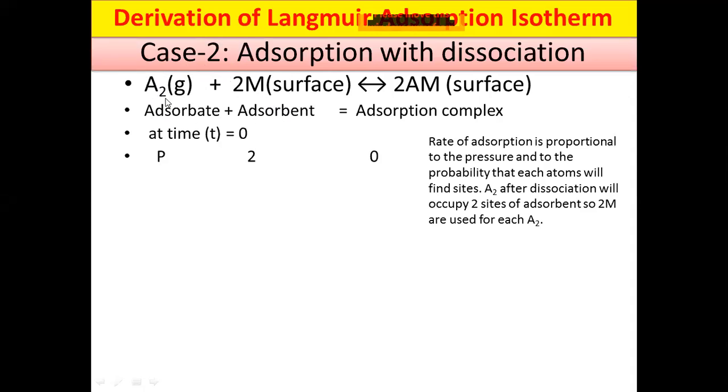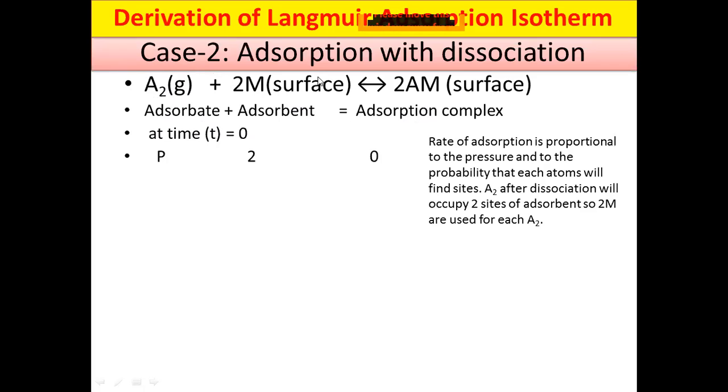And here let's suppose H2 is the molecule of the gas, and when hydrogen gas dissociates, it will form two hydrogen atoms. So this adsorbate is going to occupy two sites available on the adsorbent, and that's why two adsorption complexes are formed. So this is the case with dissociation of the adsorbate.